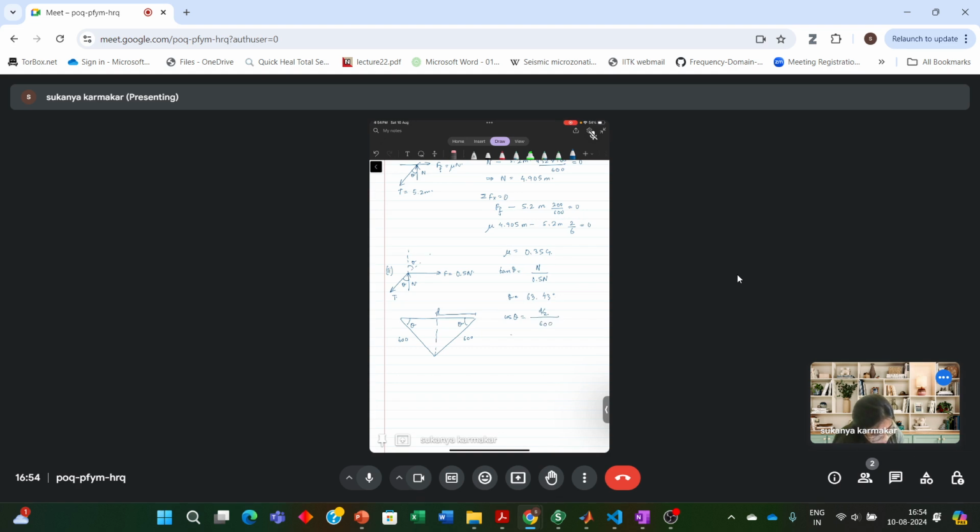D is equal to 2 into 100 into cos theta. You will get D equal to 500.